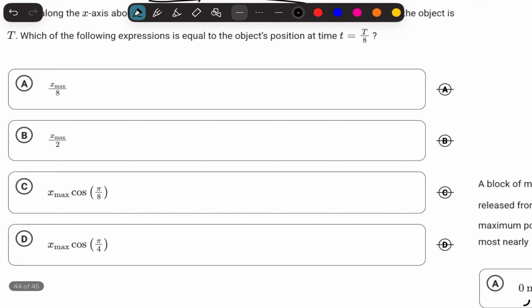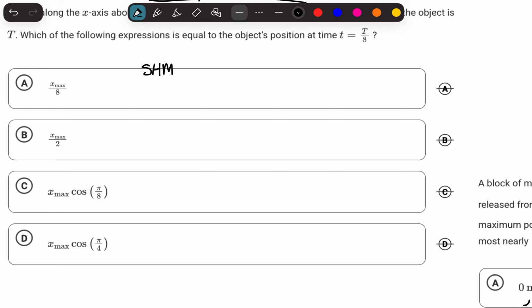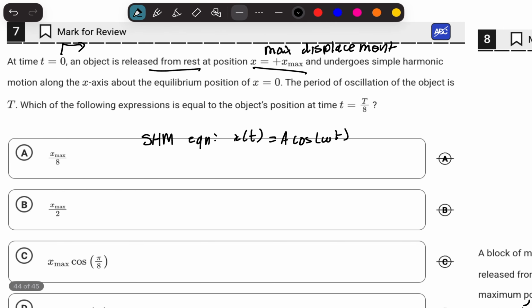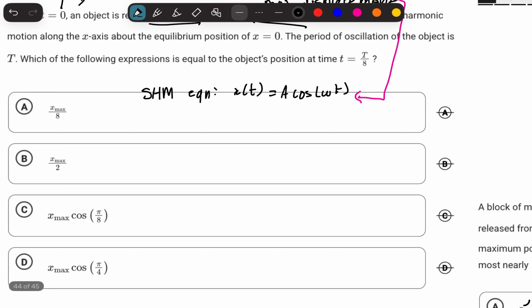And now we have to write what our simple harmonic motion equation is. So our general position equation is going to be x of t is equal to A cosine omega t. And this form is used when the object starts at max displacement. So in this case, A is equal to your x max.